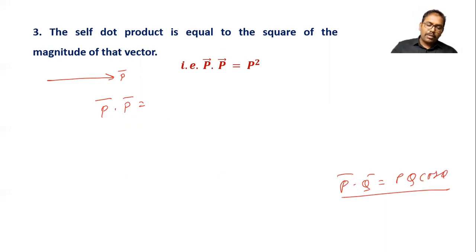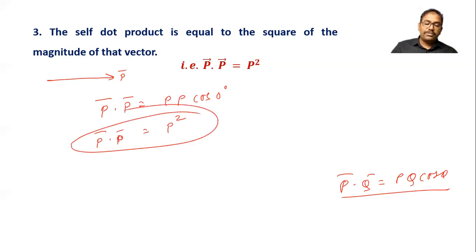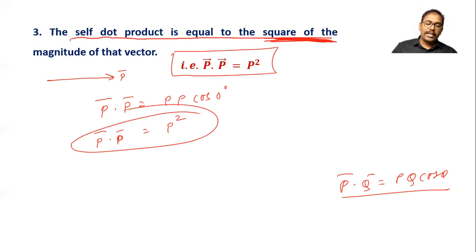Now here p bar dot p bar is p into cos of 0 degree, because the vector makes 0 angle with itself. Cos 0 is 1, so p square. So p bar dot p bar is p square. Here it is written: self dot product is equal to the square of the magnitude of the vector.